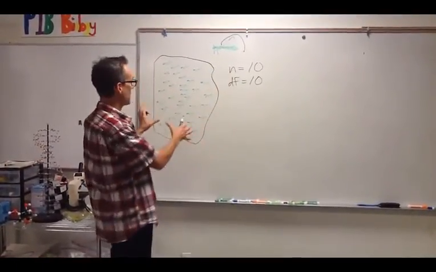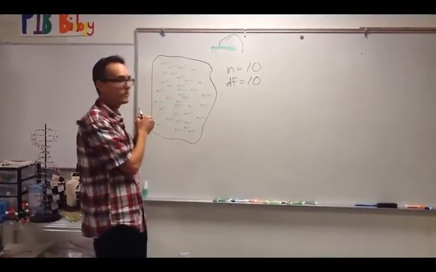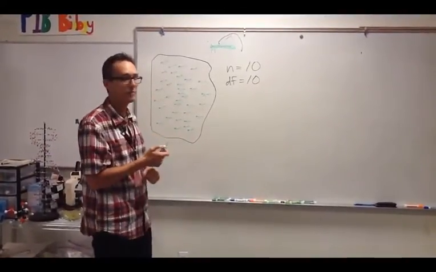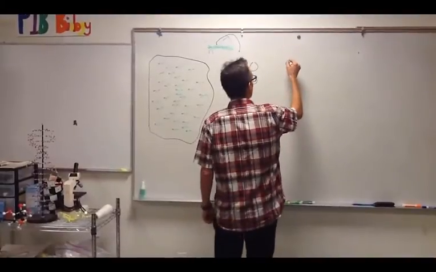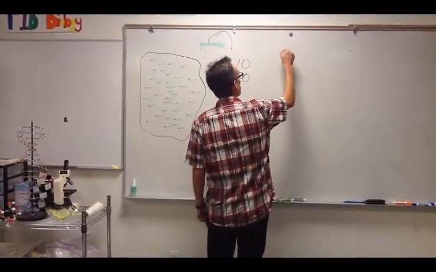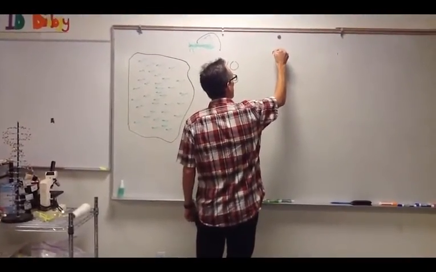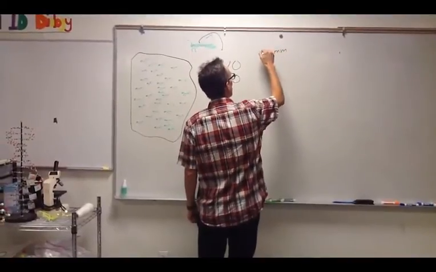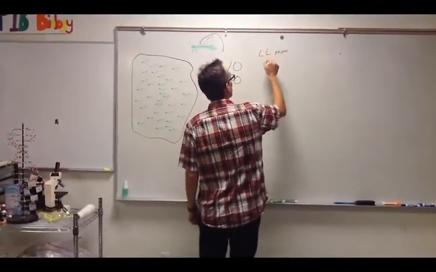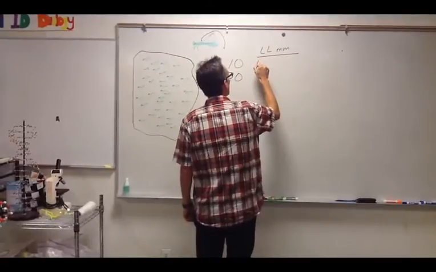All right, so let's say I'm going to go out and do the measurements. I collect 10 grasshoppers, and I make 10 measurements. My measurements are going to be in millimeters; we'll call this leg length in millimeters.